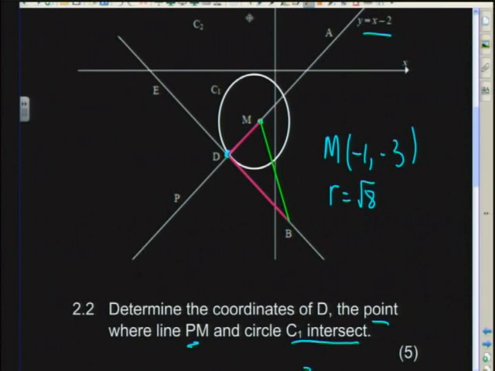Okay, so you can all see that quite clearly now. Let's just mark on this diagram what we have. So we know that DB, they told us, is 4 root 2, right? We know that MD was root 8.